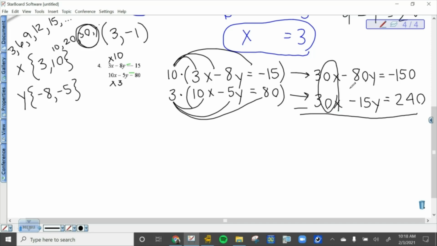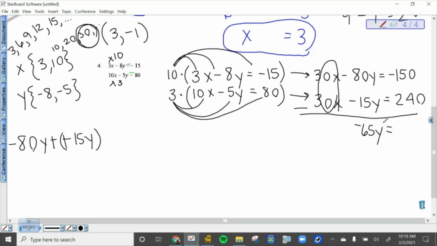Now this is tricky. Negative 80y minus negative 15y is negative 65y, because we have to do negative and then negative. So negative 80 plus 15 is negative 65y.